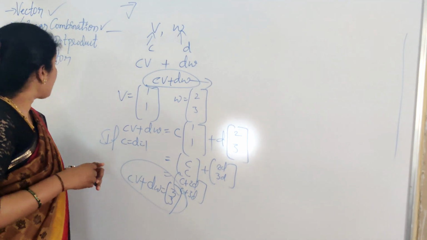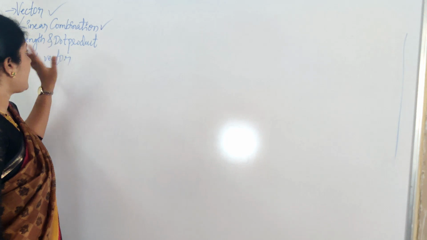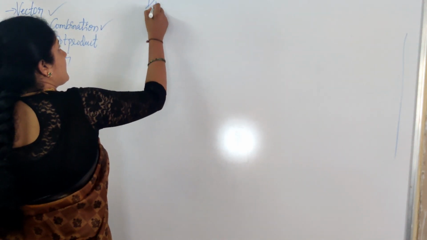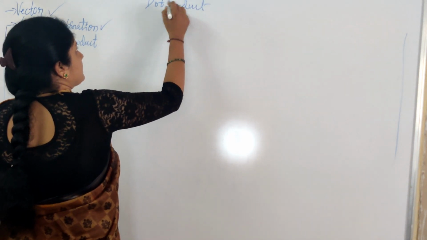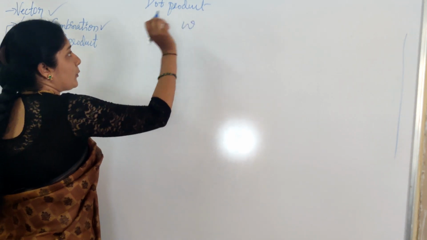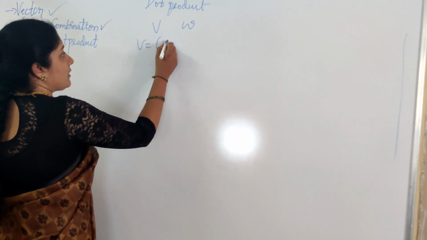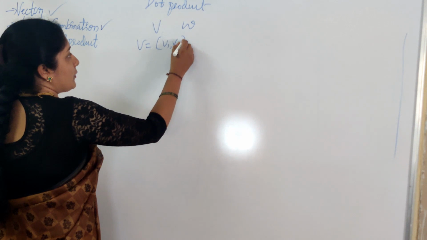Next, length and dot product. So now, what is length and what is the dot product of vectors? First let us consider the dot product. Consider there are two vectors, again v and w. v is nothing but v1, v2.